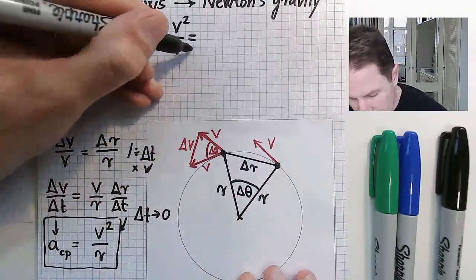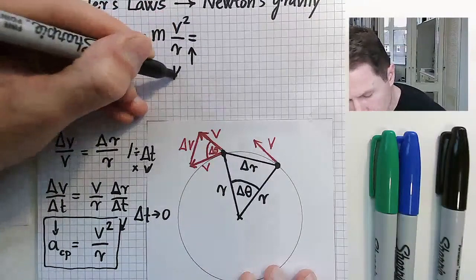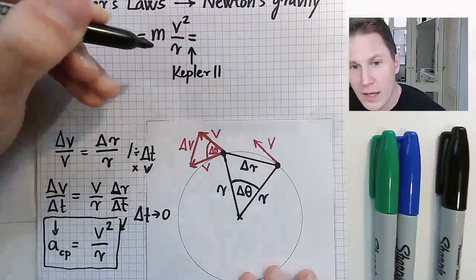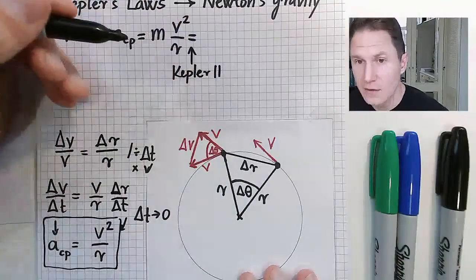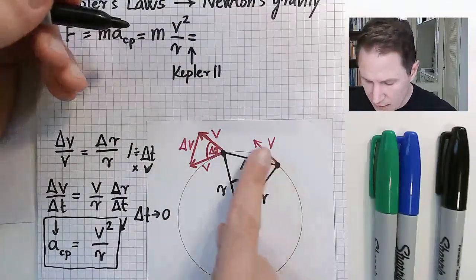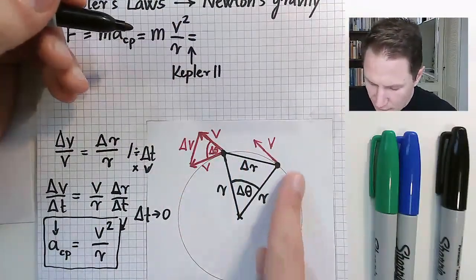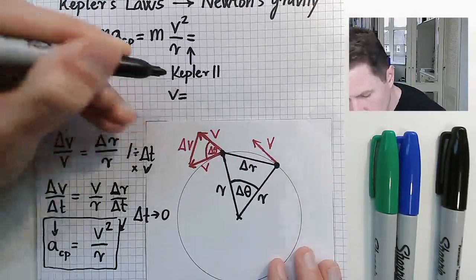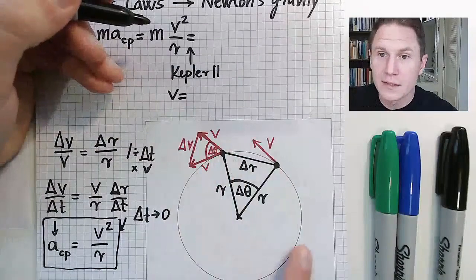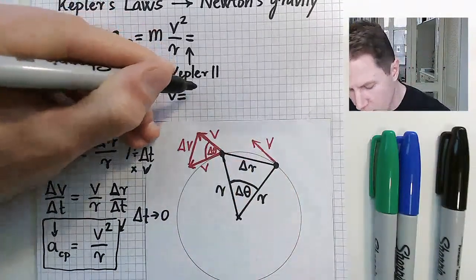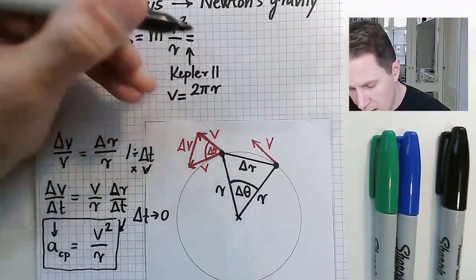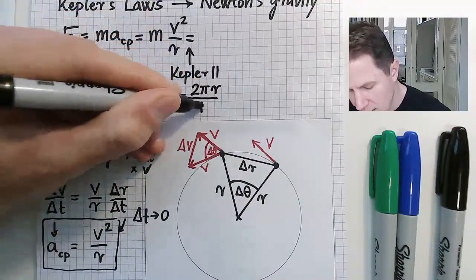Okay, so Kepler's second law says that v is constant, and it has to be equal to the circumference of the circle divided by the orbital period.